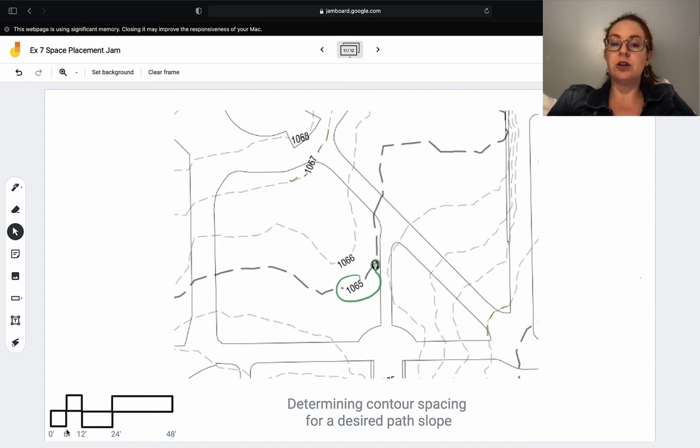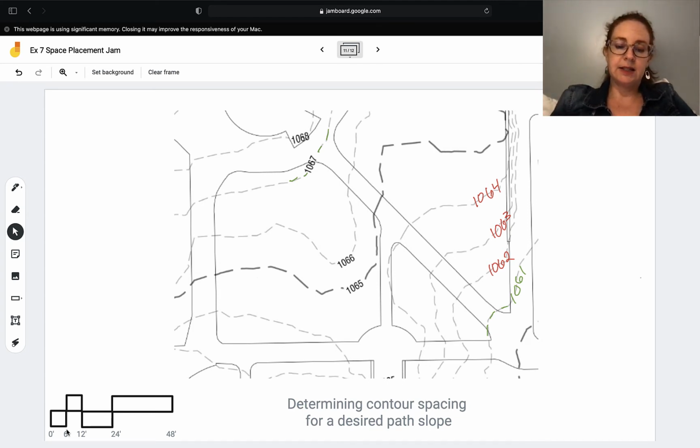1065 right here, and I'm going to assume that we are moving downhill. So let's see here. I'm going to go ahead and write in this contour as 1064, and that will make this one 1063, 1062, and then this last one, and I'll do it in green, 1061, just to tell me that I'm not changing that one.